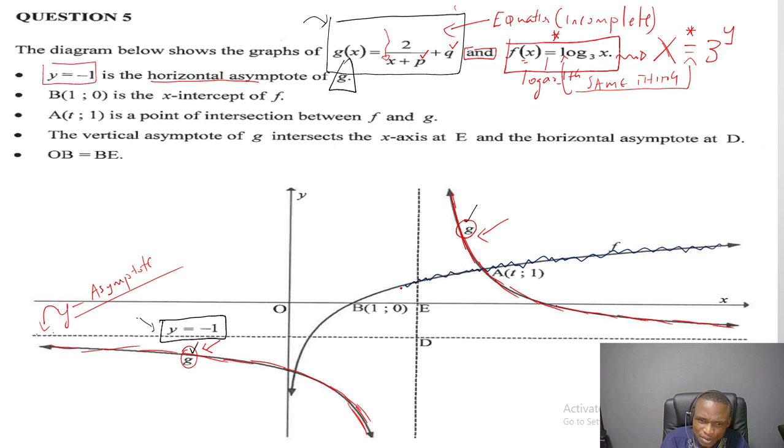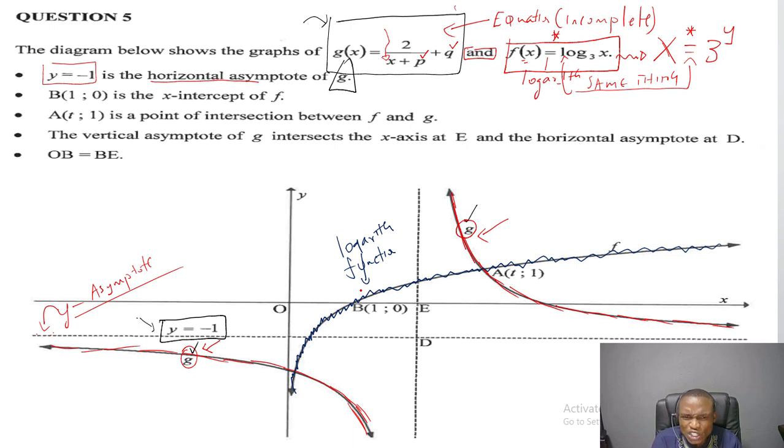It's going like this. So this is a logarithm function. It's a logarithm actually. It's not exponential. It's a logarithm function, which is the inverse of the exponential function. The log function is the inverse of the exponential function.